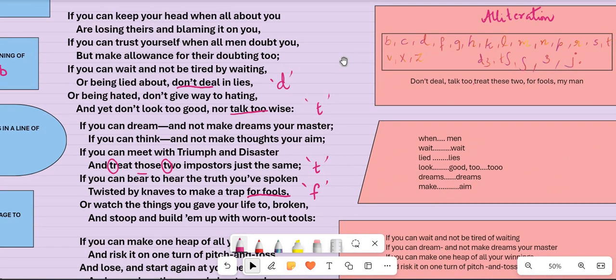And then we got some examples from the poem. Don't deal. There you have the D sound being repeated. Talk to. There the ta sound is repeated. Treat to. Even though these or those come there, in treat to, the ta sound is again repeated. For fools. Fa sound is repeated. My man. Ma sound is repeated. So this is an example of alliteration. Hope this is clear.